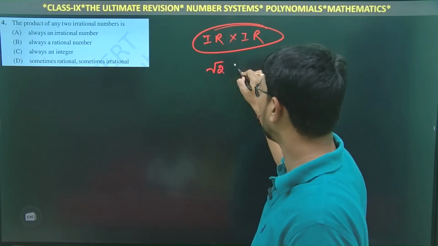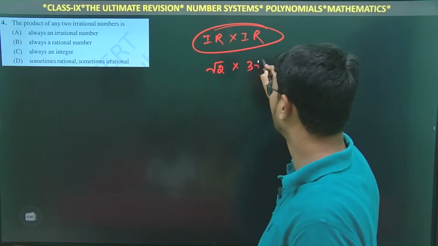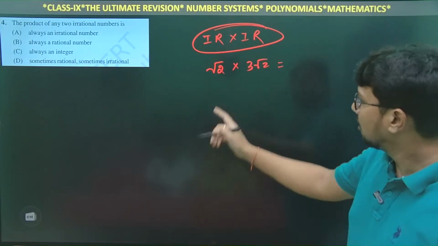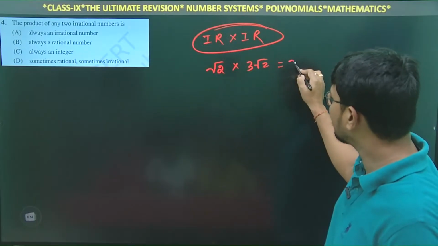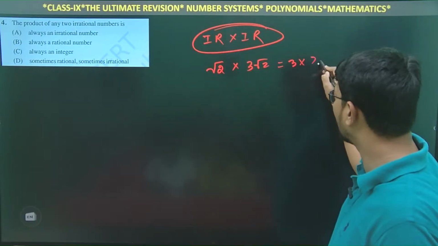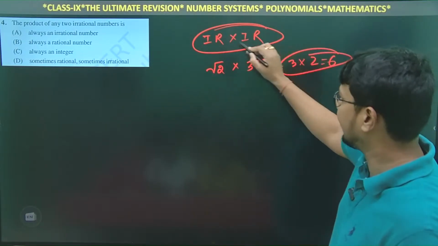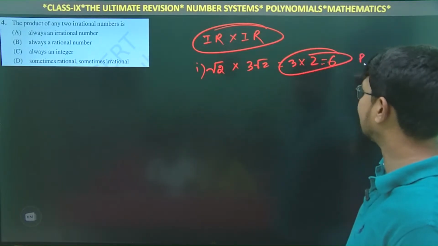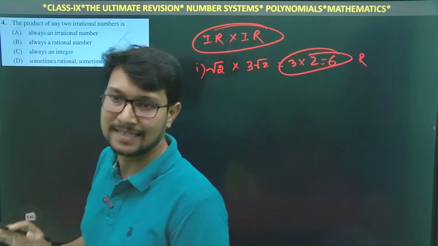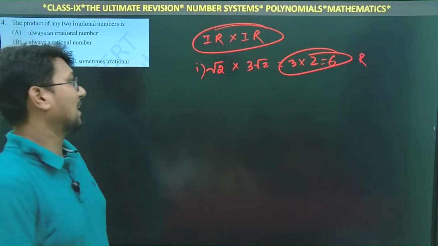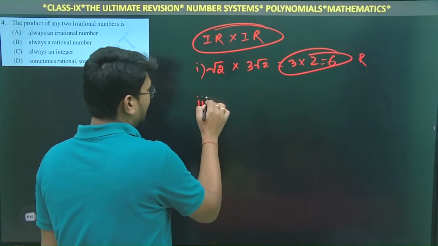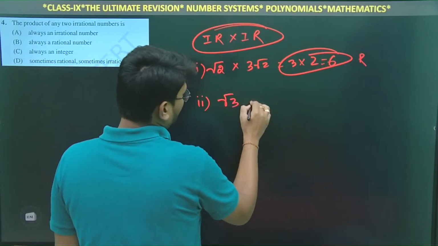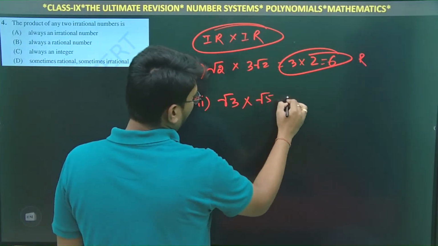Root 2 into 3 root 2. That is 3 into root 2 into root 2, that is 6. Therefore, in the first case we have got a rational number. Right or not? Now the second case, let us multiply.